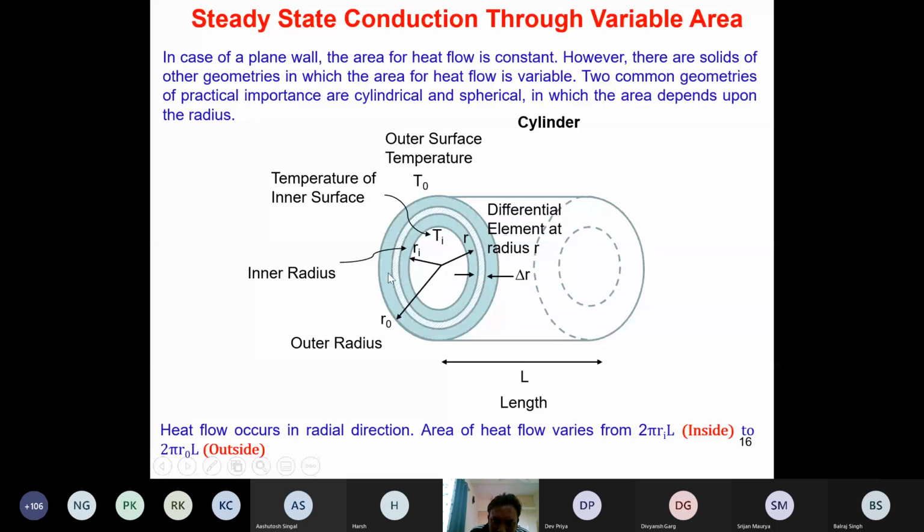So this shell is shown here by dashed lines. So this cylindrical shell is assumed at the radius of r. Okay, so heat flow occurs in a radial direction. Area of heat flow varies from 2 pi Ri L inside to 2 pi R0 L outside. So here you can see the outside surface area is 2 pi R0 L, whereas the surface area inside is 2 pi Ri L. Okay. Again, the thickness of the shell is delta r. So let's make the heat balance for this particular case.